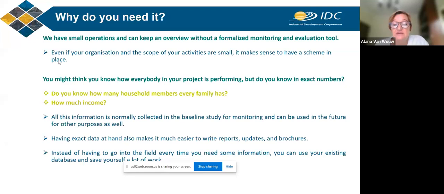How much income has come in? You see, they're small questions, but they have a huge impact when you're looking at your project, at reports, and at raising money. So it's not about the size of your M&E system. It's about the actual information which you are gaining from that project.